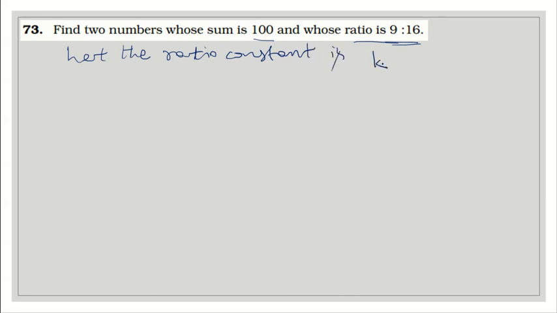Therefore the first number is 9 times k and the second number is 16 times k.